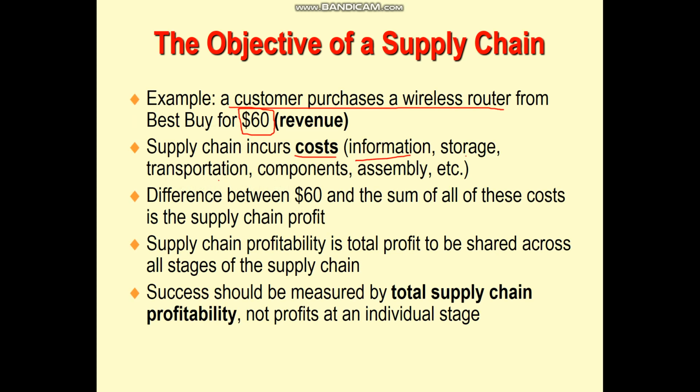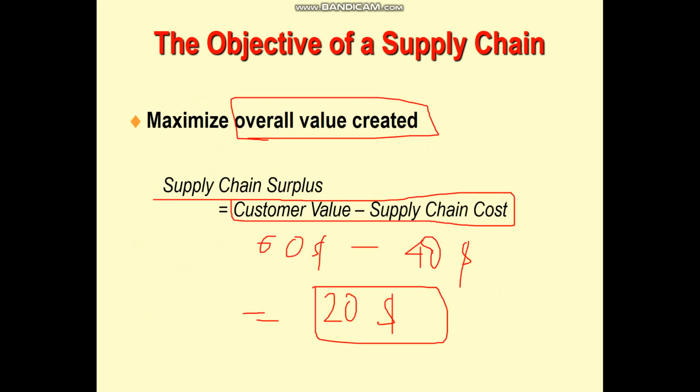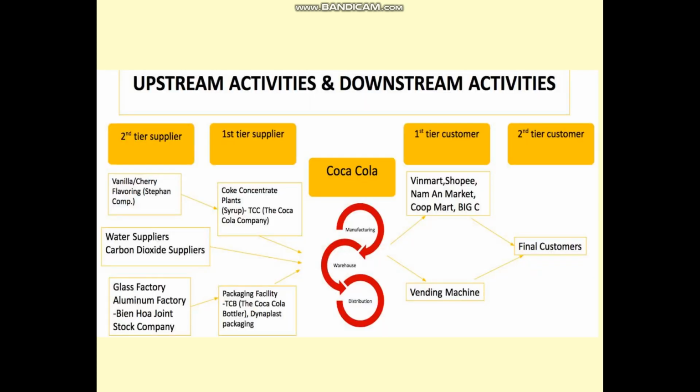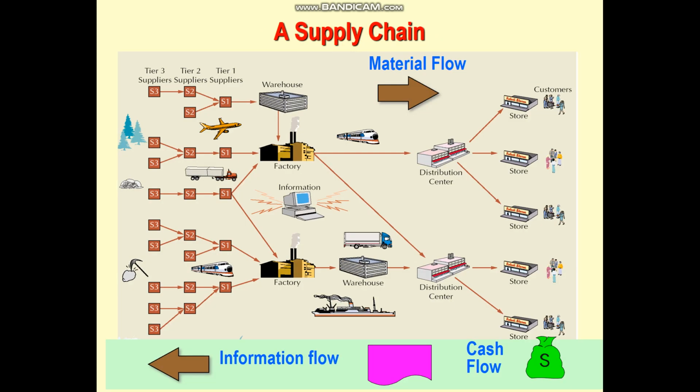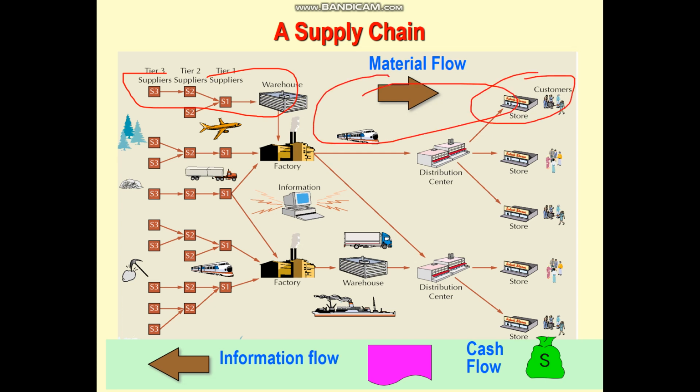And the supply chain profitability is the total profit to be shared across all the stages of the supply chain. Okay. So the supply chain profitability is the total profit from supplier, warehouse, manufacturer, and all the stages in this supply chain, not only one stage.